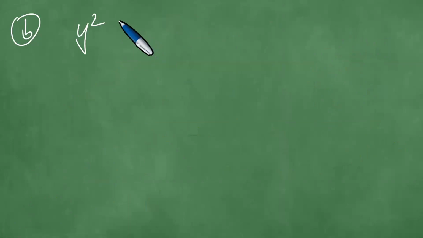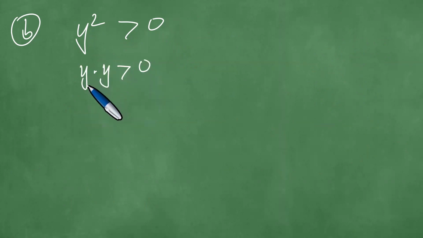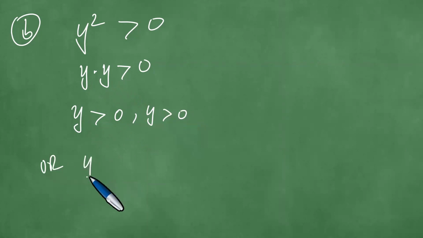It is true that for any real number, the square is bigger than 0. But this can also be seen like this: you're multiplying two numbers and you're getting something nonzero. What can you say about y? It means y is greater than 0, or y is less than 0, because if it's negative times negative, then you have that.